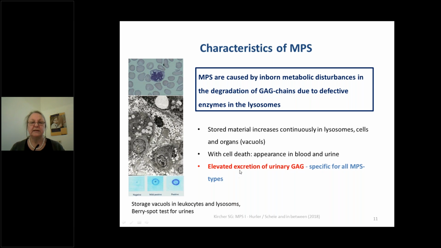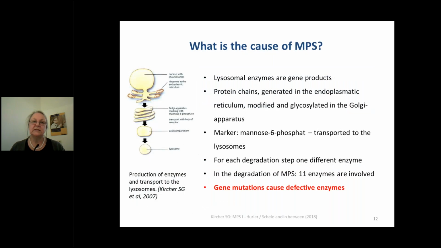But you can also find elevated excretion of urinary GAGs in the urine, depending on which chain is disturbed. And you can find normal urine or urine with increased substances, for instance in the Berry spot test.